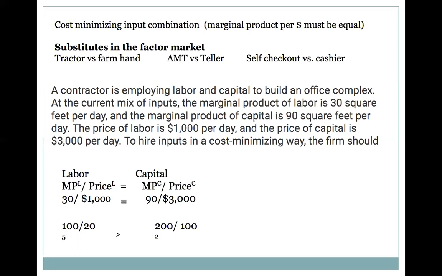So whatever is going to give you more marginal product per dollar, that's the route you would want to go, because that's going to help you minimize your cost as you pursue the input that gives you the largest productivity per dollar.